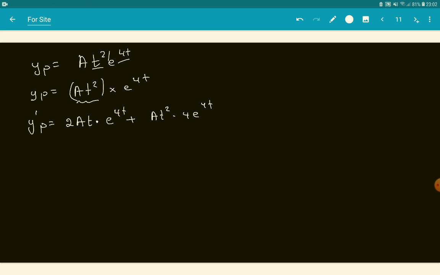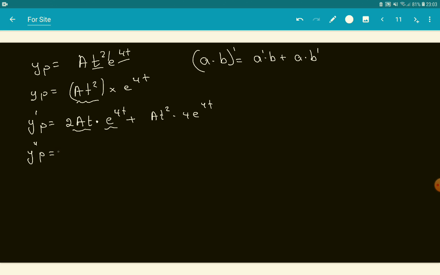Now after we did this part, we need to find y double prime p. Again, this is a multiplication. If you don't know, if I write a multiplied by b and differentiate, it is a prime b plus a b prime.